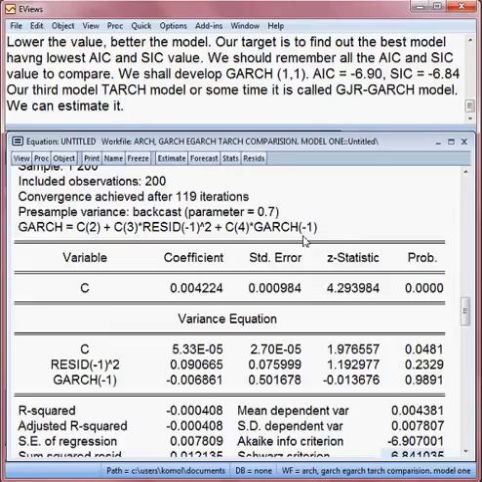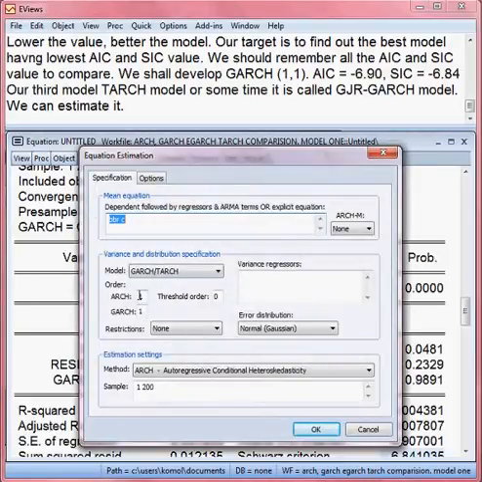Okay, how to estimate? I go to estimate. Then here I put ARCH 1, GARCH 1. And here is one more thing, the threshold order. You can see threshold order. Here I put 1. It is the Gaussian normal distribution, and everything else remains unchanged.